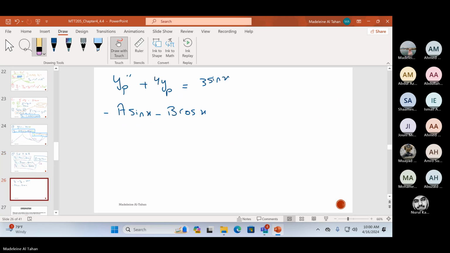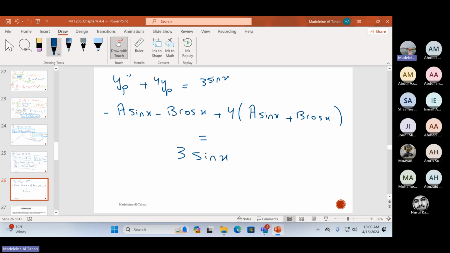Plus 4yp is 4A sine x plus 4B cosine x, equal 3 sine x. Are you okay with this step? Yes. Okay.